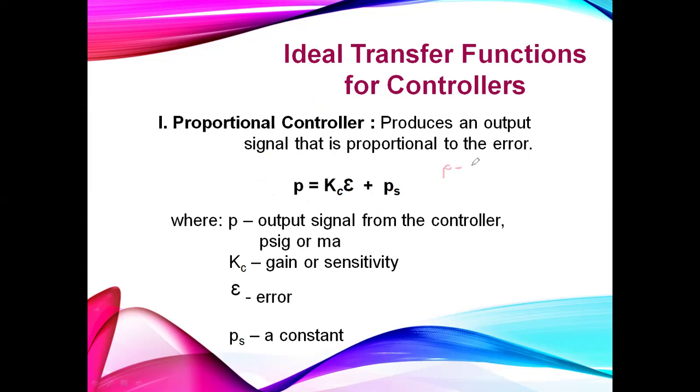It's P minus P sub S equal to K sub C times epsilon. And this P minus P sub S is the pressure at any time on the diaphragm minus the steady state pressure acting on top of the diaphragm of your control valve.